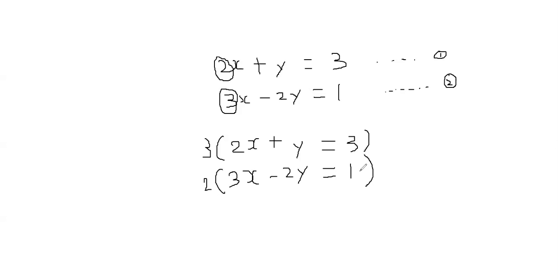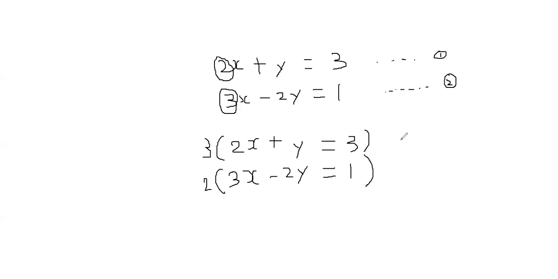So by doing this, it will allow the two x terms to be the same, and we could easily subtract it and it will become 0. So this is the reason for doing it, right? So let's multiply throughout.